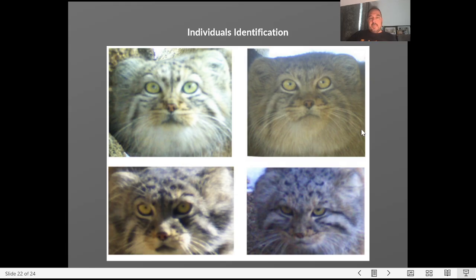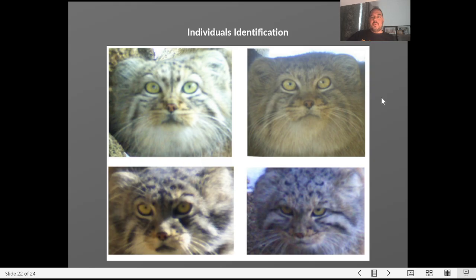So that's an important part. Try to be as correct as we can in defining the individuals. That's very important because if we don't have a good individual identification, our estimation will probably be wrong.